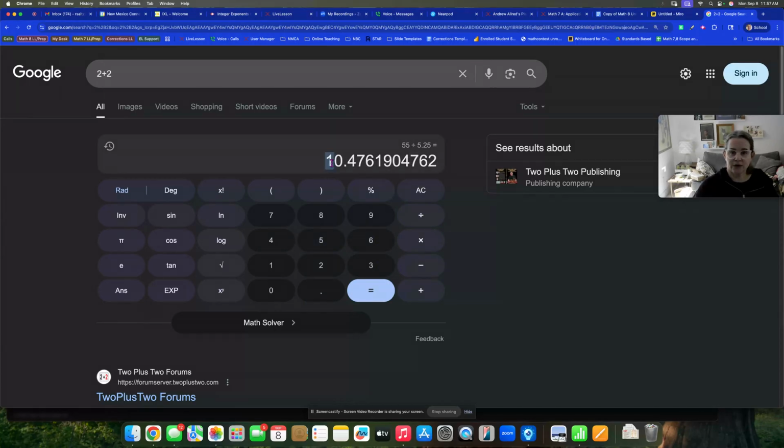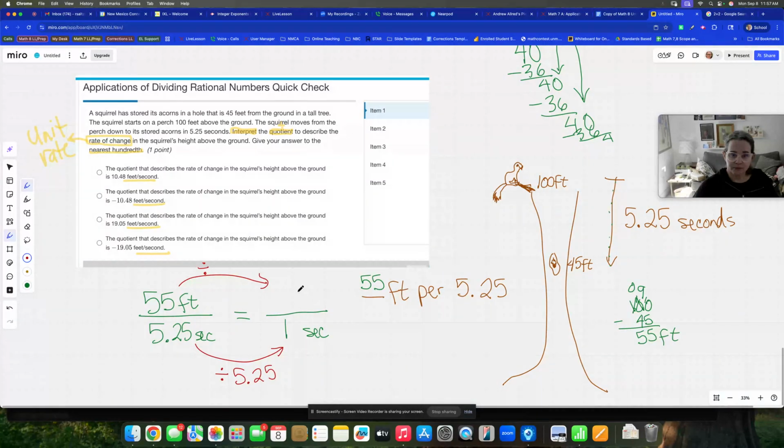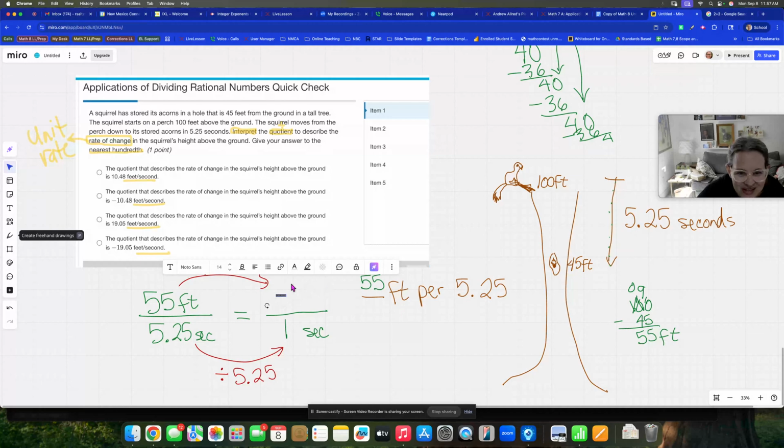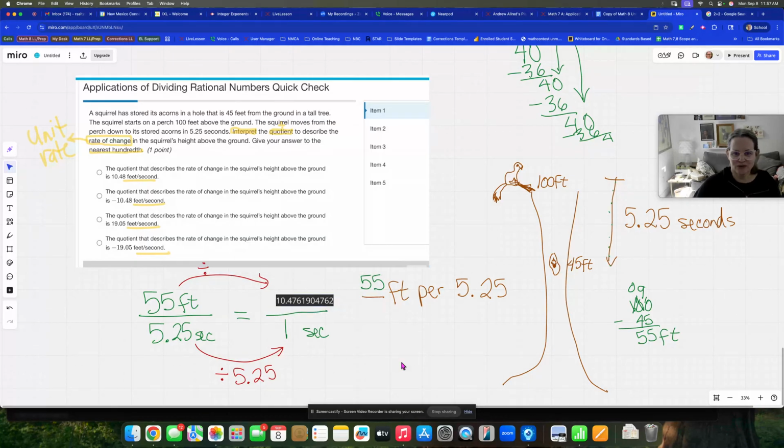Oof, yikes, look at that number. We're going to round this number. Oh, that's funny, it came out really tiny. Let me make it bigger. Okay, so this is the number of feet the squirrel's going in 1 second. It says right here in the problem, let's go back up here to the problem. It says to round to the nearest hundredth. So I'm going to mark the hundredths place.